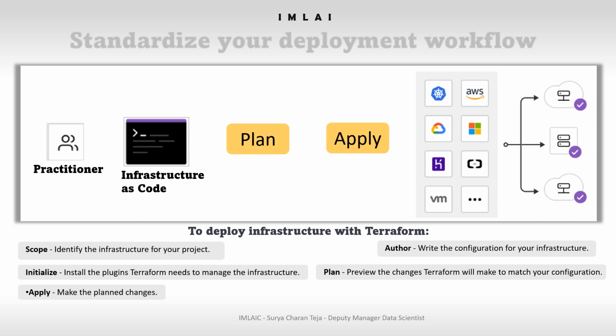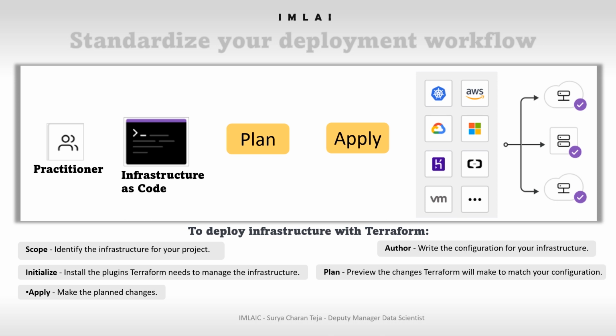Terraform's configuration language, as we have discussed in earlier slides, is declarative, meaning that it describes the desired end state for your infrastructure, in contrast to procedural programming languages that require step by step instructions to perform tasks. Terraform providers automatically calculate dependencies between resources to create or destroy them in the correct order.